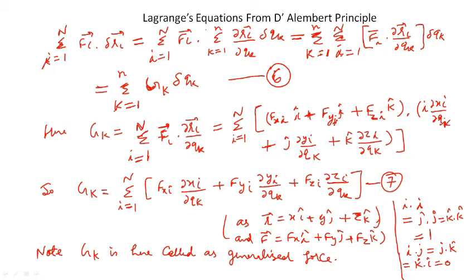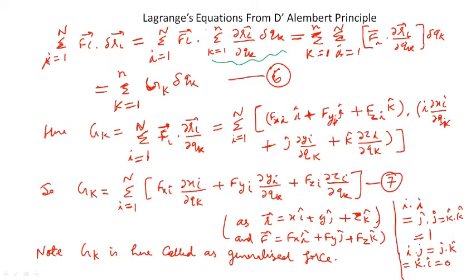First I write the first term, that is sigma i from 1 to capital N Fi into delta Ri. So it can be written as sigma i from 1 to capital N Fi into sigma k from 1 to small n del Ri over del Qk into delta Qk. This is the term for the virtual displacement of the ith particle.